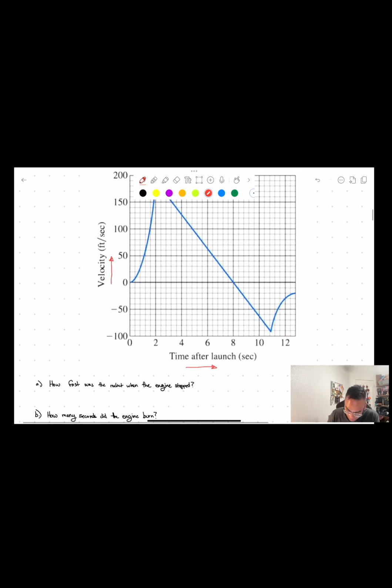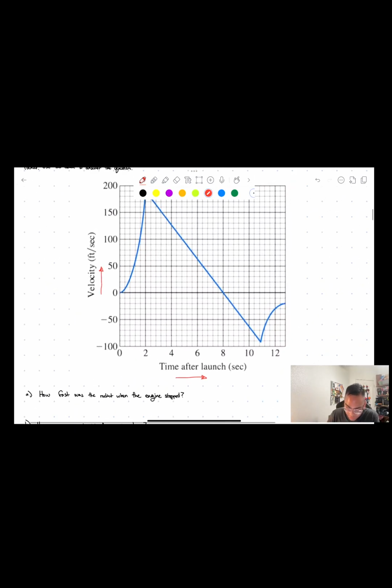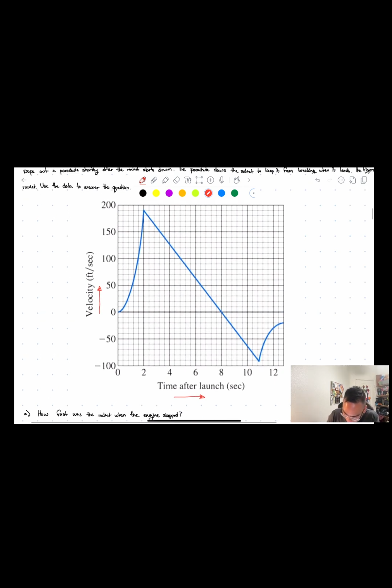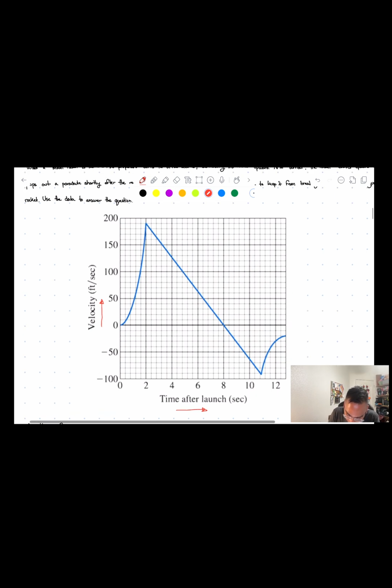So how fast was a rocket when the engine stopped? Well, if you look at this point right here, the engine's going to keep accelerating, and you'll see that it hits a peak right over here.